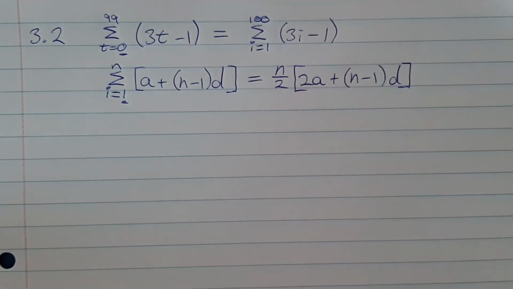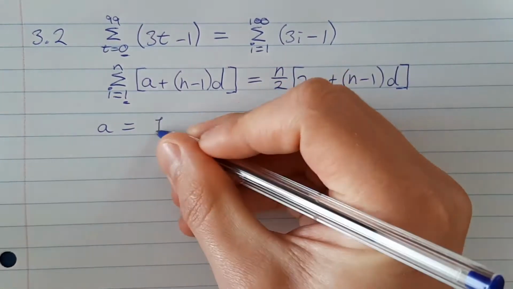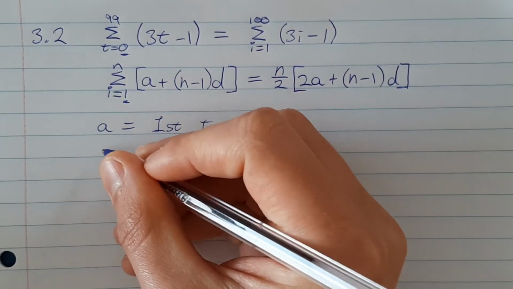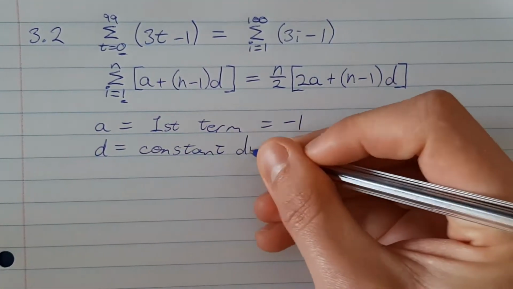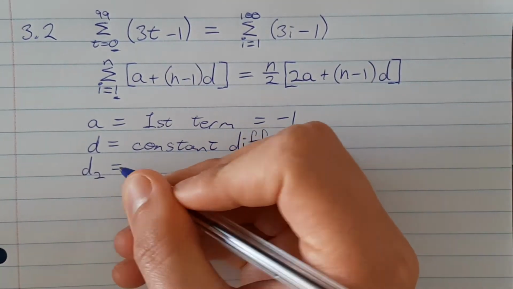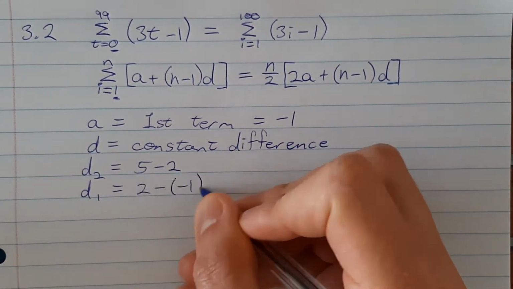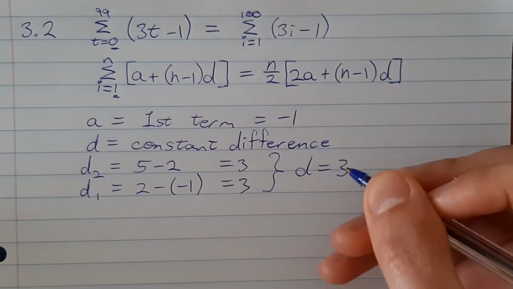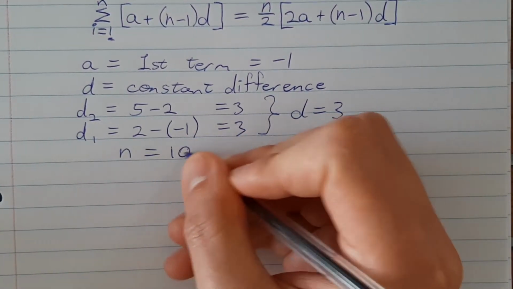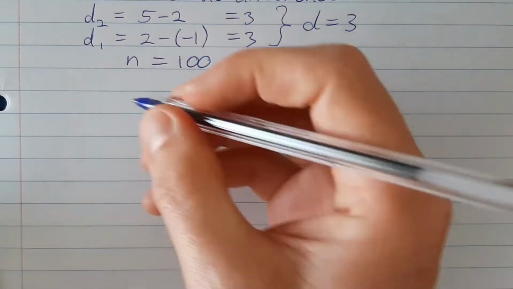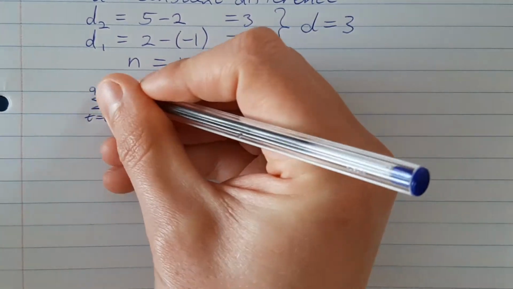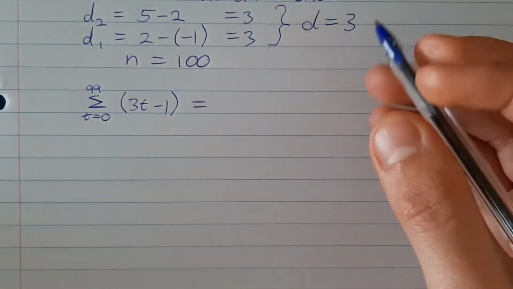Now we can substitute the values of n, a and d into the formula. We have a, which is the first term. We can calculate d from the first and second differences, and we have n, which is 100. We then substitute these values into the formula, punch it into our calculators, and write down the answer that secures 4 more free marks. Good.